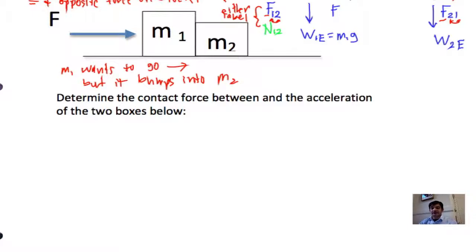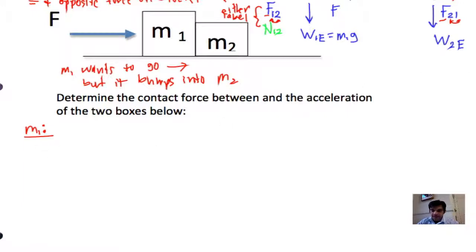So what I'm going to do is write down the equations in black with the variables that we're solving for written in red. So once again, I'm going to read off my free body diagram for 1. So for mass 1, in the y direction, the normal is an unknown.